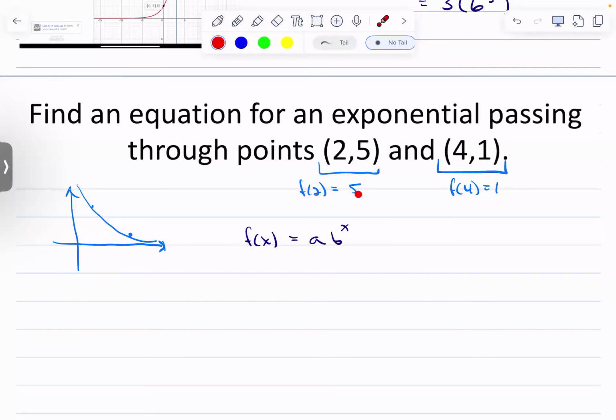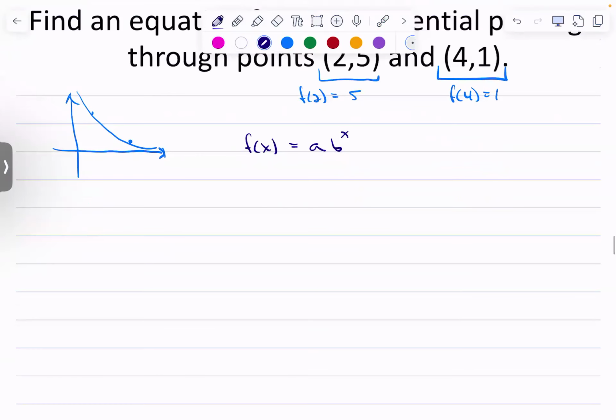F of 2 is equal to 5. Let's start there. And so if I plug in x equals 2 here, then I should get 5. Right? So let's start with that. F of 2 is a b to the 2, which should be equal to 5.